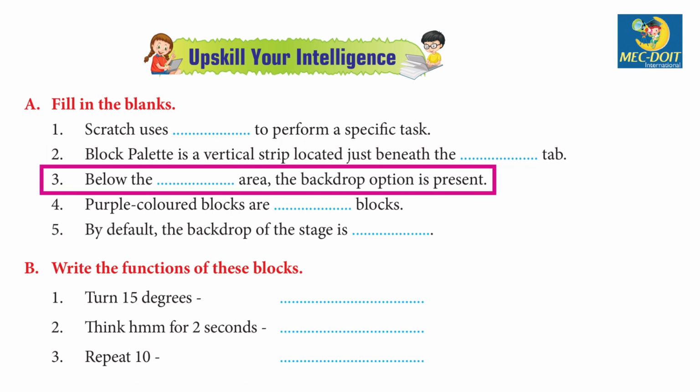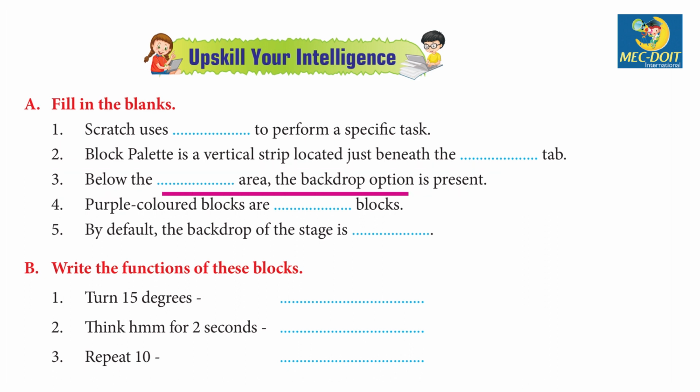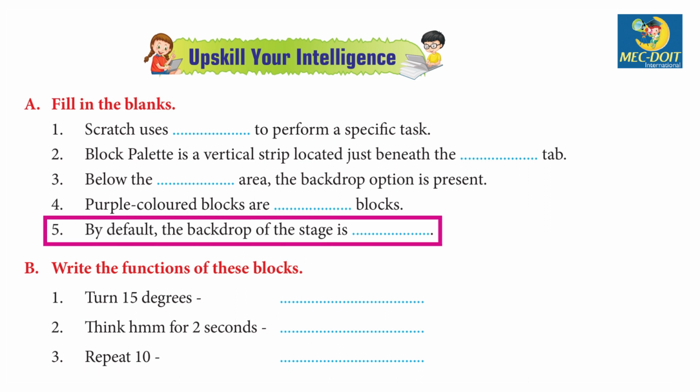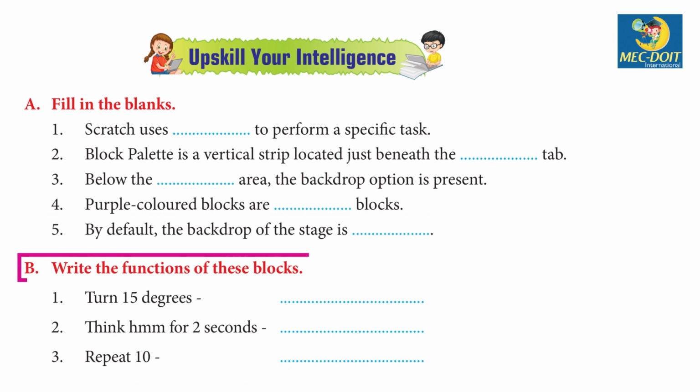Below the dash area, the backdrop option is present. Answer: backdrop. 4. Purple colored blocks are dash blocks. Answer: looks. 5. By default, the backdrop of the stage is dash. Answer: white.